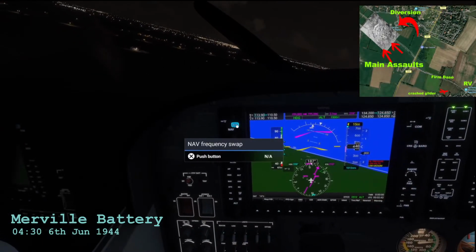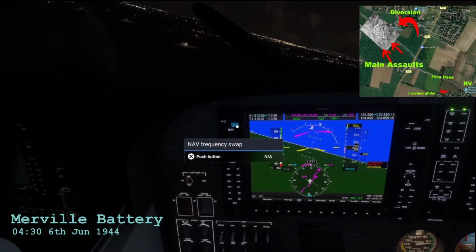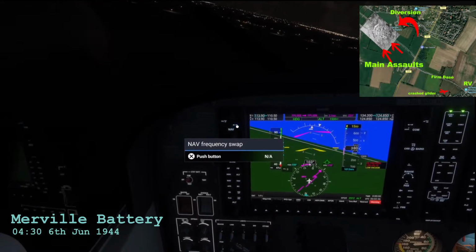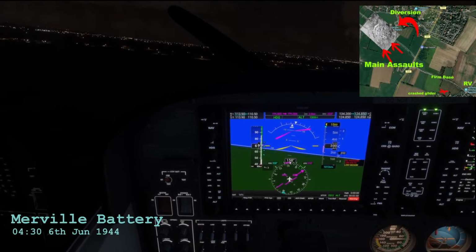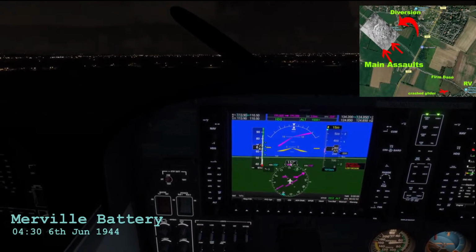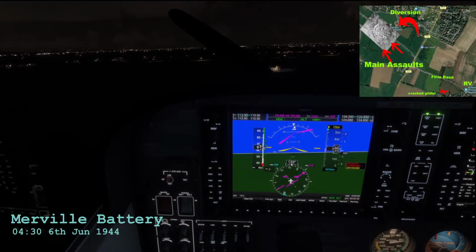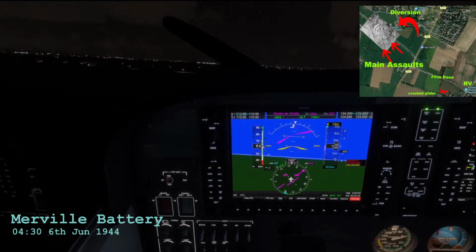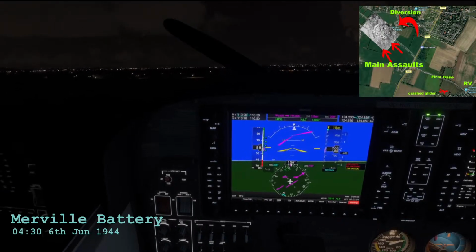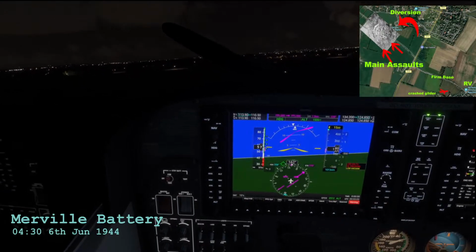We obviously can't, and this is what happens on the actual day. The glider overshoots, and as you can see on the map, it crash lands probably to the southeast from the target.